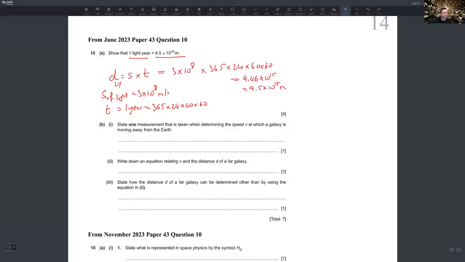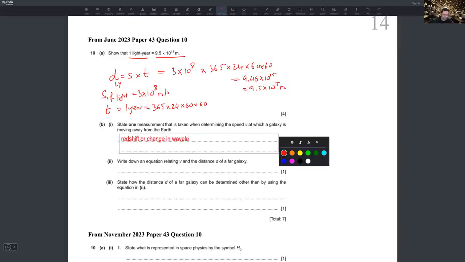The red shift. So you either say red shift, or you say increase or change in wavelength. Either one works.